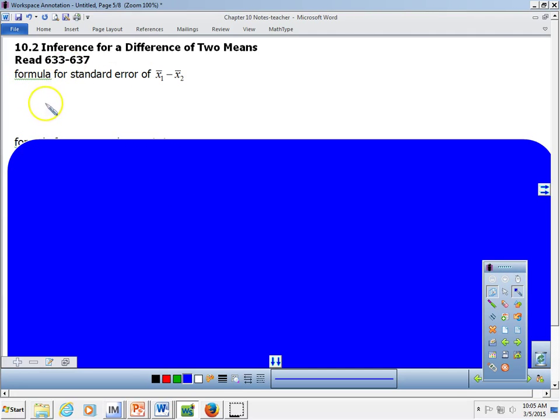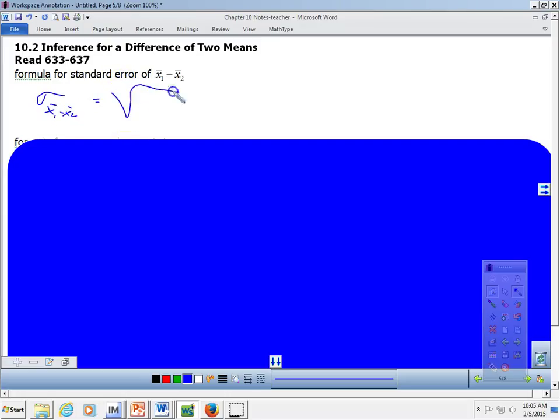And so as notation goes, you'd look for something like this. Anyway, actually it wouldn't be mu's, it'd be x bars, wouldn't it? X bar 1 minus x bar 2.